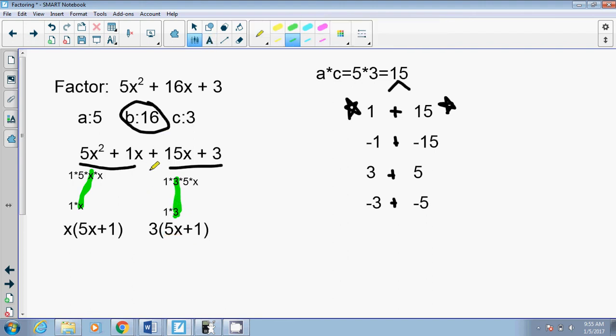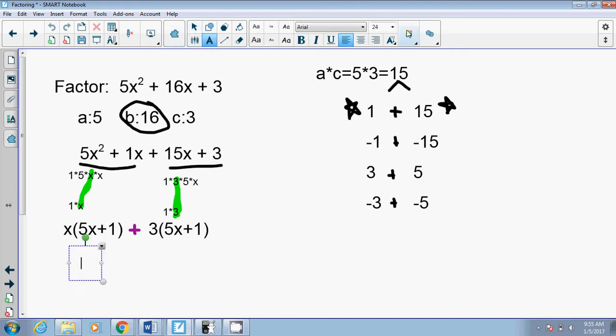Again, technically, we're going to put a plus sign between these 2. And then hopefully you realize between these 2, there's a greatest common factor of 5x plus 1. So I'm going to factor out that greatest common factor of 5x plus 1.